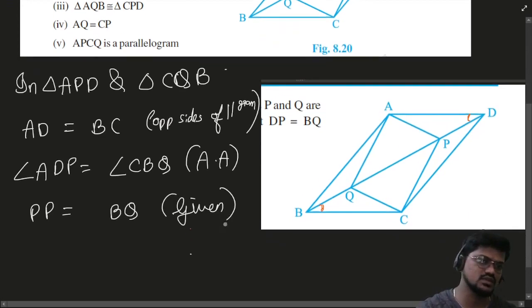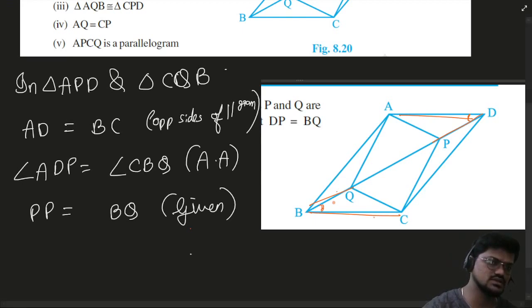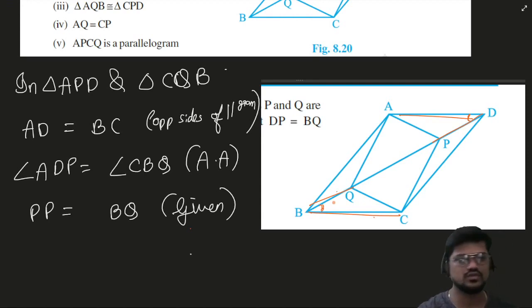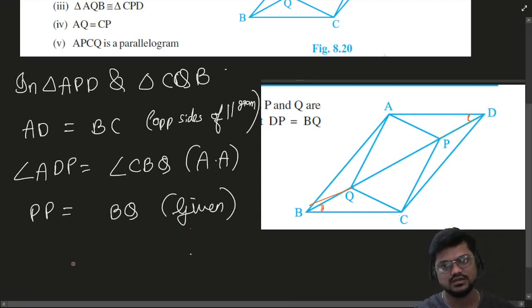Then what we can see in the two triangles is this side, this side, this side and this side. So side, angle, side. The angle should come in between the two sides. Only then we can say it is the SAS test. Otherwise it is not. The angle should come in between the two sides which are equal.